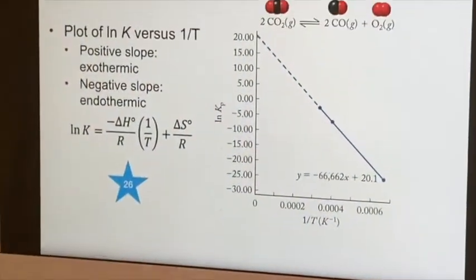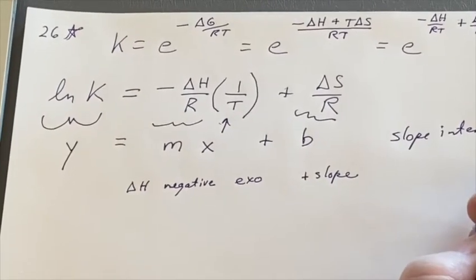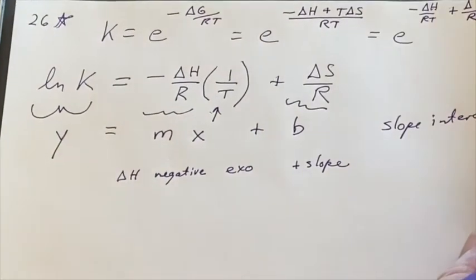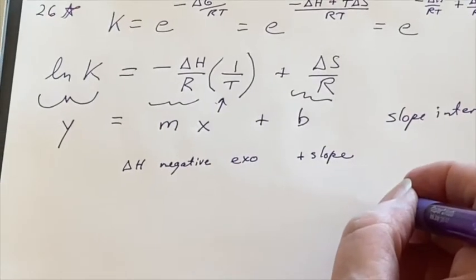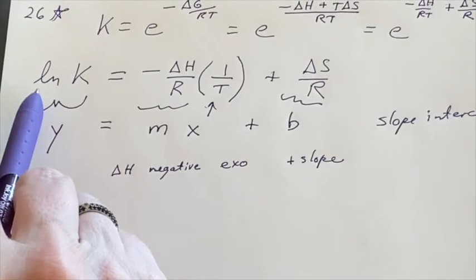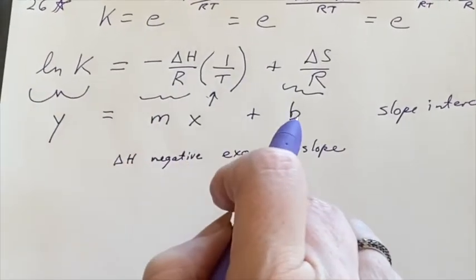Once I've pointed out the fact that this is the slope-intercept form of an equation, you can go back to either the Clausius-Clapeyron equation or the Van't Hoff equation and realize that that equation is also the equation of a line, as long as you're talking about logarithms and 1 over T, but it's in a different form.